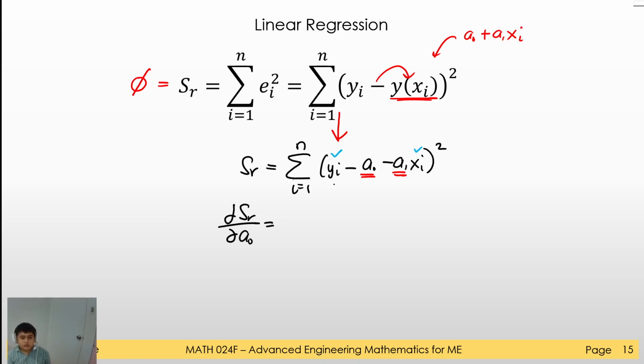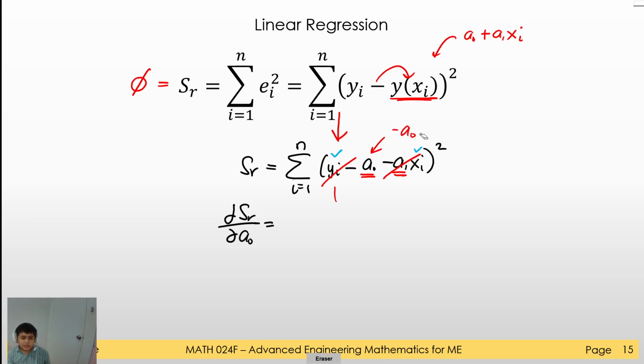Okay, so how do we find the derivative of this series? We can just use a similar approach, the power rule. So we have here 2, and then find the derivative of a naught in this variable. Everything else is treated as a constant, so this will be 0. And then what is the derivative of negative a naught?